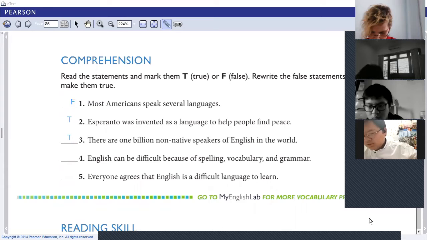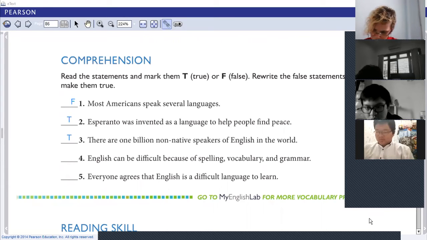If it weren't that easy, how could a billion people around the world have learned it?" Very good. Yep. So that one already mentions that it is about a billion, yeah? It says exactly a billion people. Here it refers to 1 billion. A billion is 1 billion. Yeah? Very good.